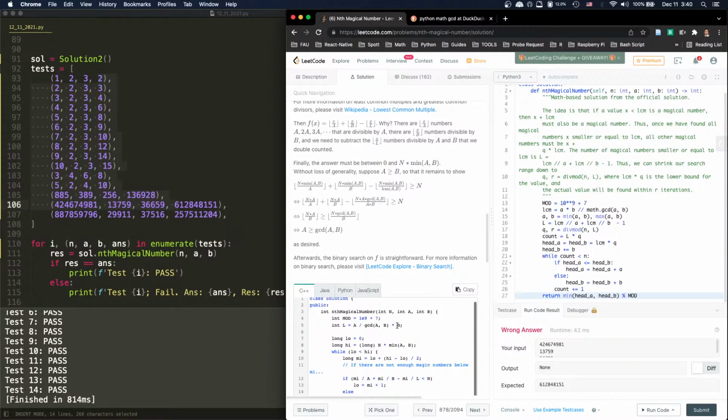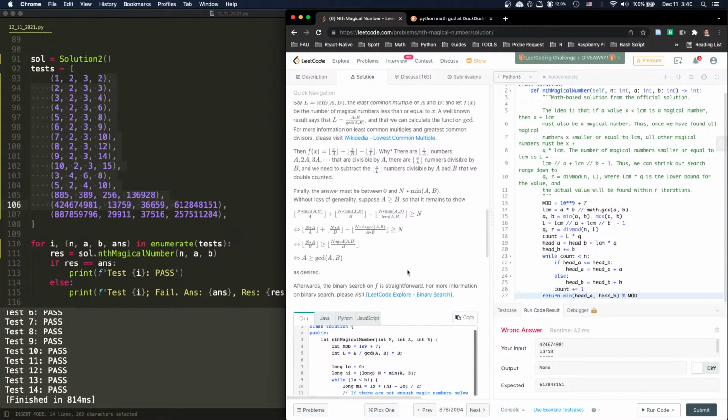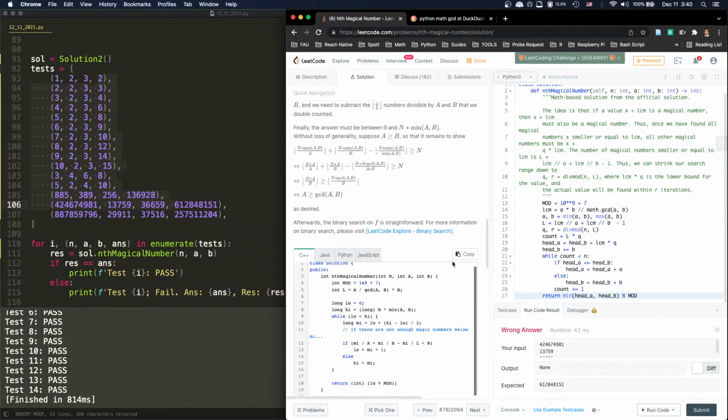L is the least common multiple. The high is n times, well, we directly do the value itself. So high is going to be n times this.